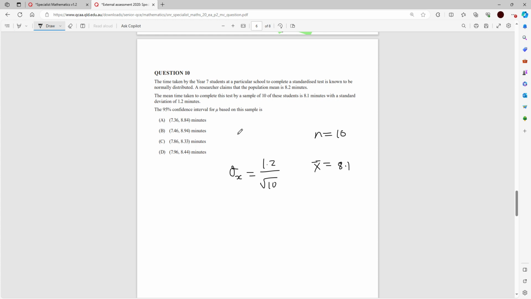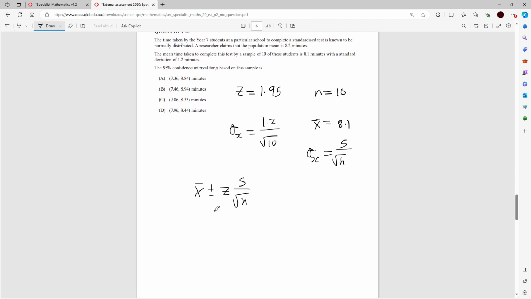A 95% confidence interval is based on the sample. So the z-score for 95% confidence is 1.95. Confidence interval is calculated by this formula here, where this is s over square root of n. So in other words, we're going to have two bits.